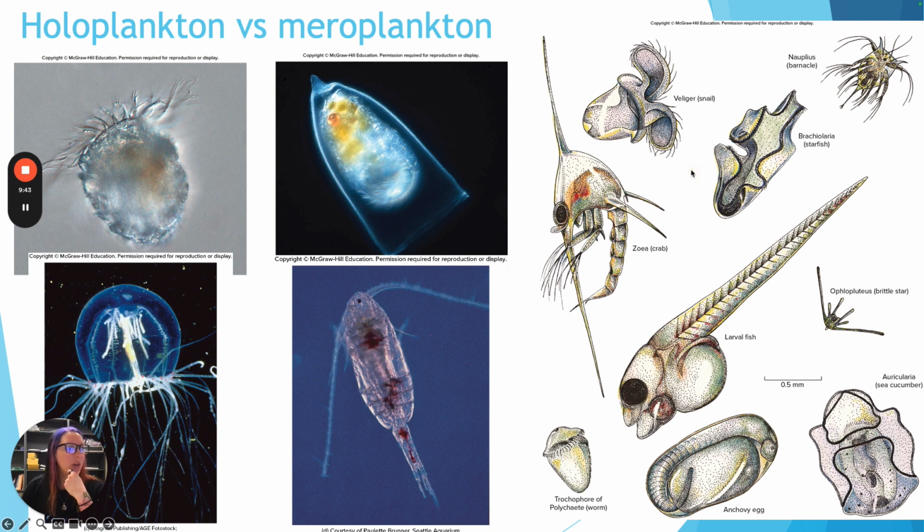Just to hone in on the difference between holoplankton and meroplankton, there are a couple of examples here. The ones on the left are holoplankton, which spend their entire lives as zooplankton. Cute little things, right? Some of them are microscopic, this one's a little more macro, but they spend their whole life as a small creature. The sketches on the right-hand side are meroplankton.